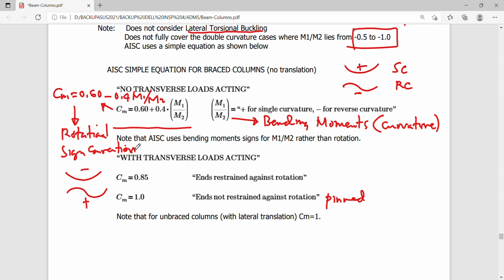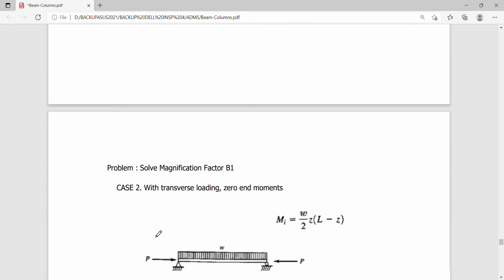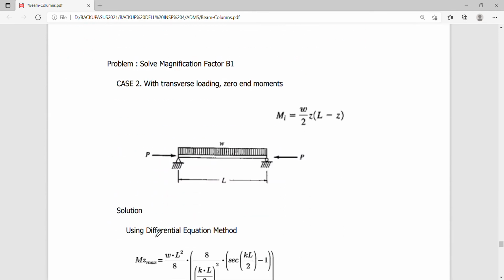So a very simple formula, but I would like to show you later how it compares with the derived formula above, to help us be convinced that the approximation of the AISC is very reliable.